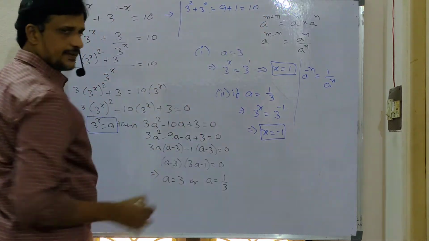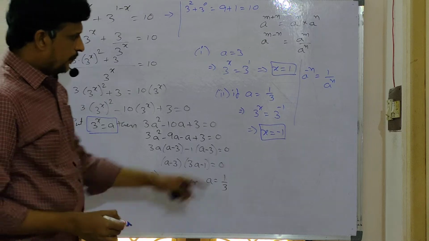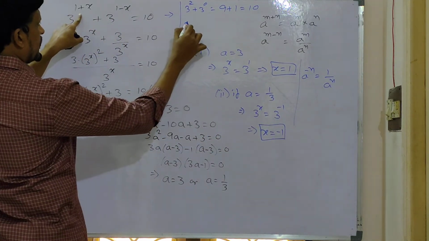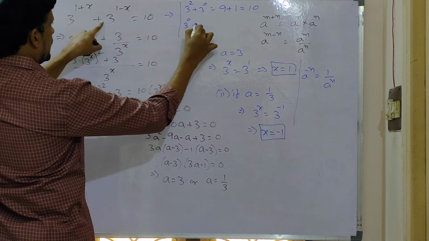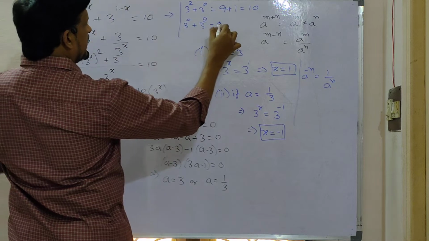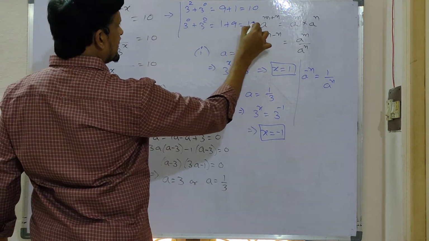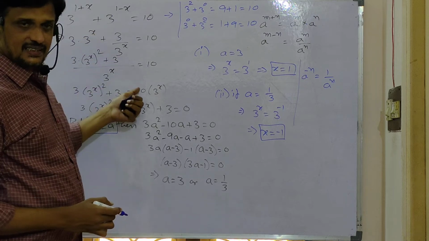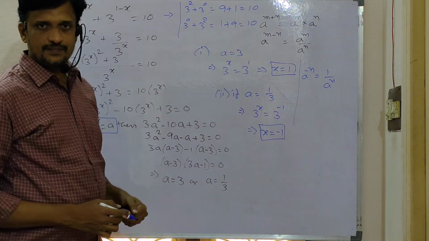So the sum will be 10. If you put x equal to minus 1, then this will be 3 power 1 minus 1, that is 0, plus 3 power 1 minus of minus 1, which is 1 plus 1. Then you are getting 1 plus 9, that is 10. So the values of x are 1 and minus 1.